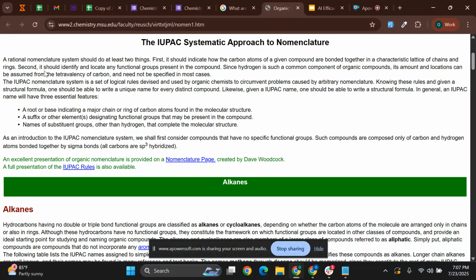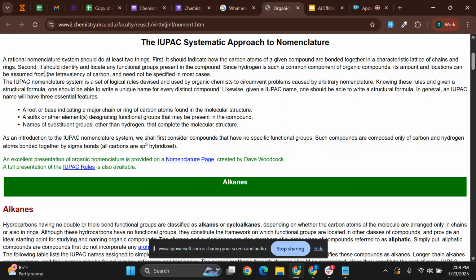The IUPAC nomenclature system is a set of logical rules devised and used by organic chemists to circumvent problems caused by arbitrary nomenclature. Knowing these rules and a given structural formula, one should be able to write a unique name for every distinct compound. Likewise, given an IUPAC name, one should be able to write the structural formula.